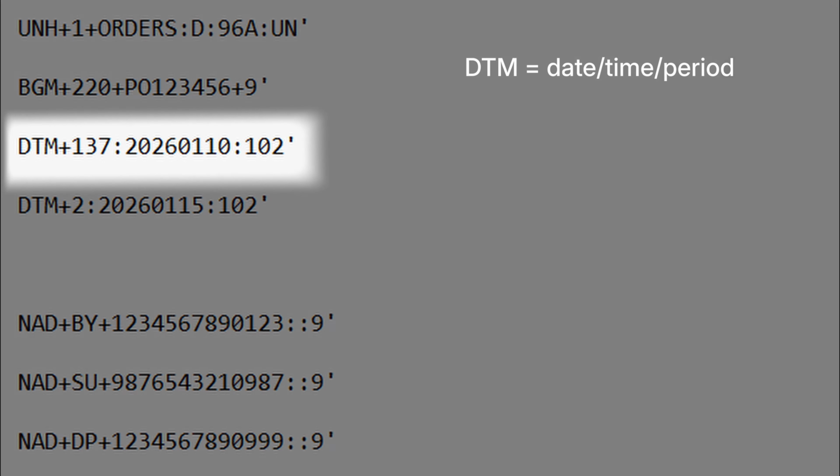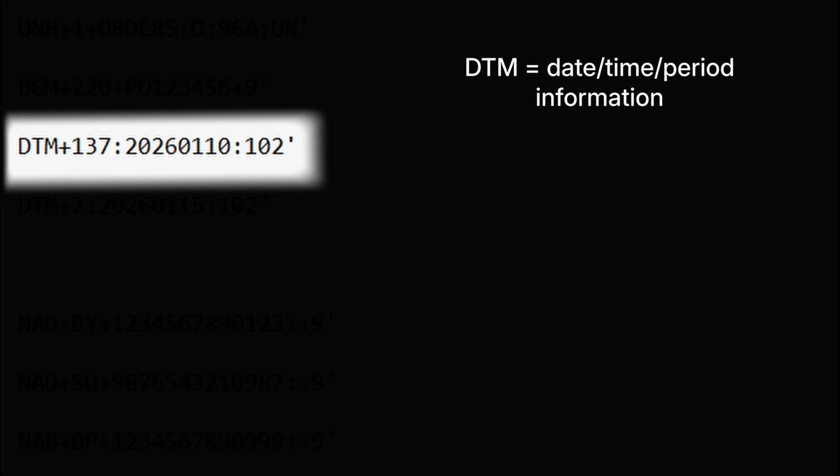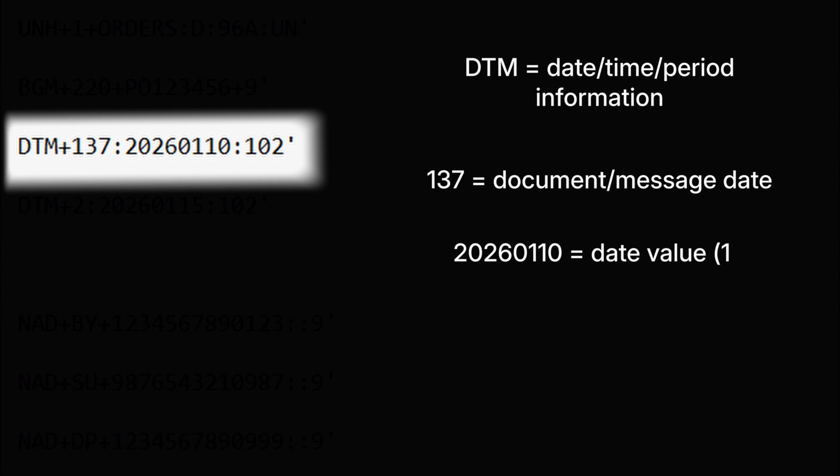DTM stands for date, time, and period. The most important part of this segment is the qualifier. In the first DTM, qualifier 137 means document date, the date the order was created. The value 20260110 means January 10th, 2026.